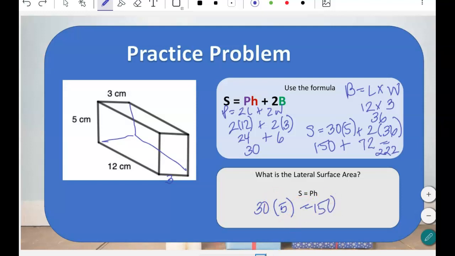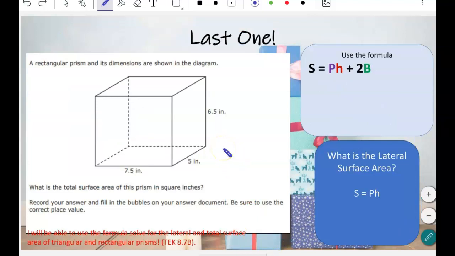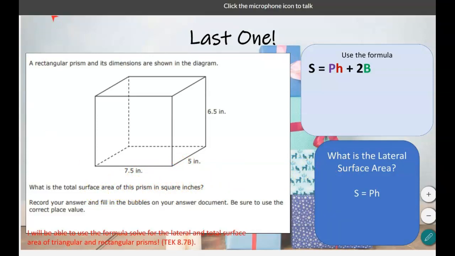All right, hopefully we have time for one more quick problem. So we have this rectangular prism and its dimensions are shown. Let's go ahead and just do the lateral surface area. We're going to do the lateral surface area first.